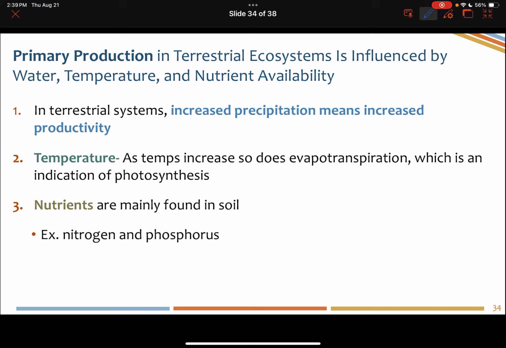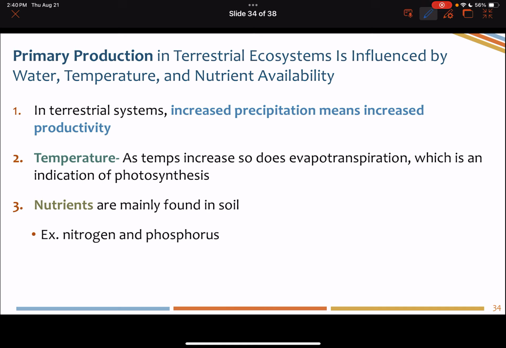Primary production, or the total amount of energy that's available in any environment, is often limited or influenced by a few important factors. Water is going to limit primary productivity. Temperature, those usually go together, and also nutrient availability.